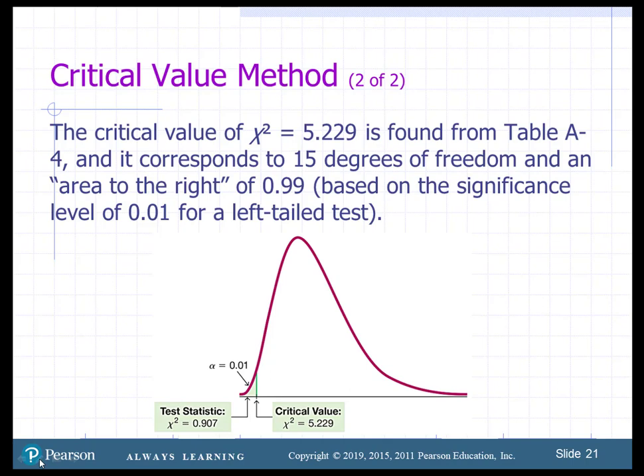So now you can see where we get our critical value, and so our critical value sets up right here. Now our test statistic is to the right of the critical value, meaning that it is in the rejection region.